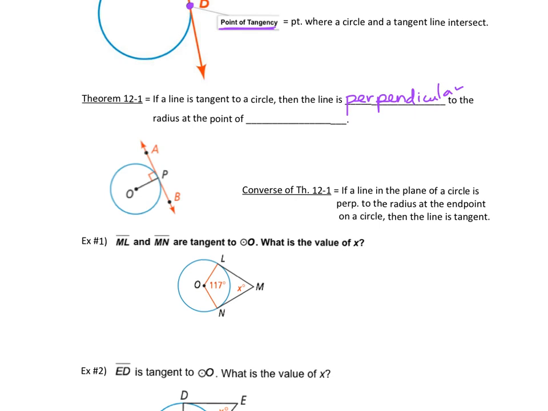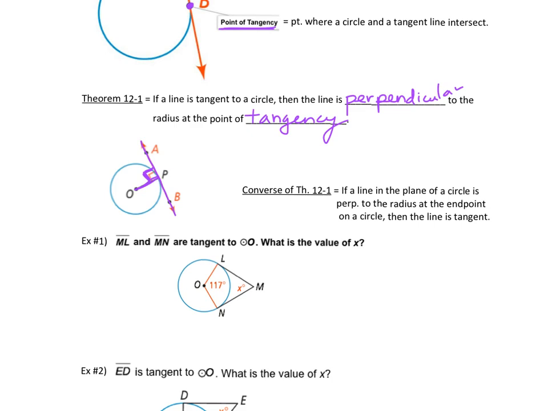Perpendicular to the radius at the point of tangency, sorry. At the point of tangency. So if you look at this picture, here is your tangent line, here is your radius. Notice those two form a 90-degree angle, and that will happen every single time. If a line is tangent, it will be perpendicular.